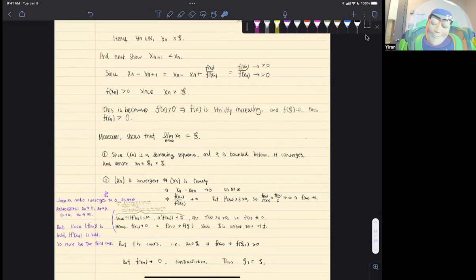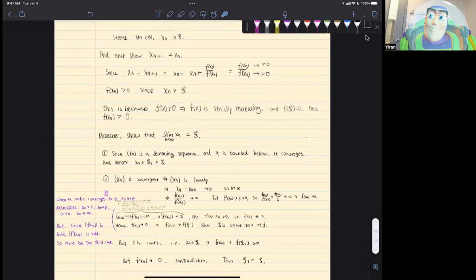And why do I want to use that? Because xn minus xn plus 1 is equal to f of xn over f prime of xn. And we know this converges to 0.